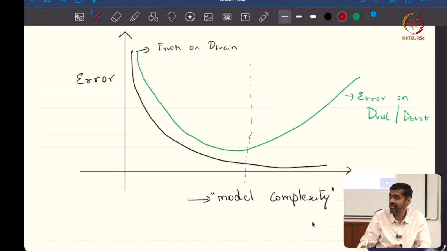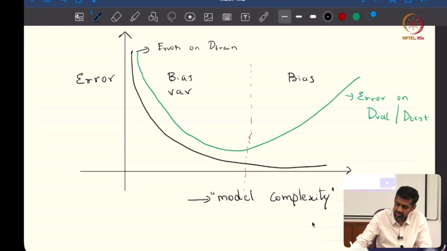So now what is happening? Why is this behavior seen? See, what happens is the following. In this particular region, let's write down the bias and variance here. So what can you say about the bias and variance in the left part of this dotted line?